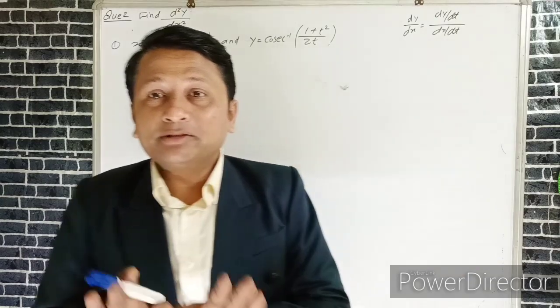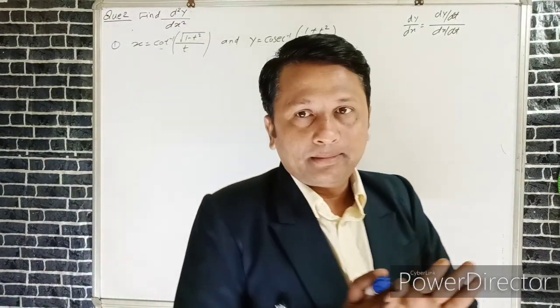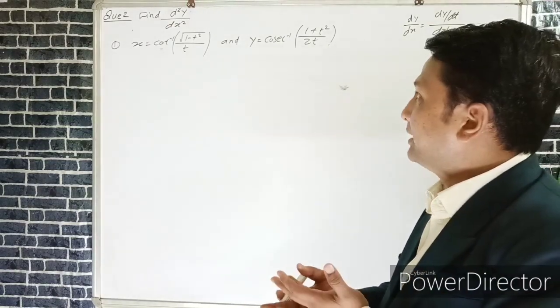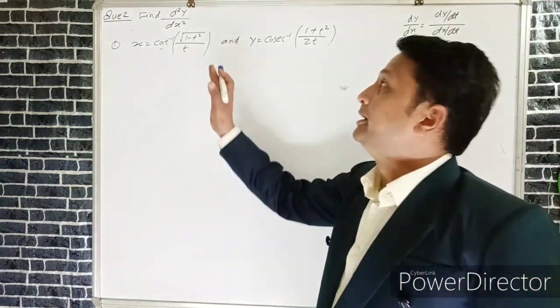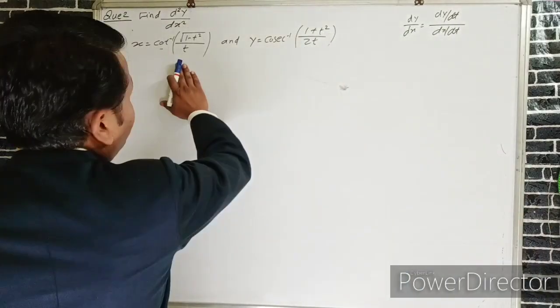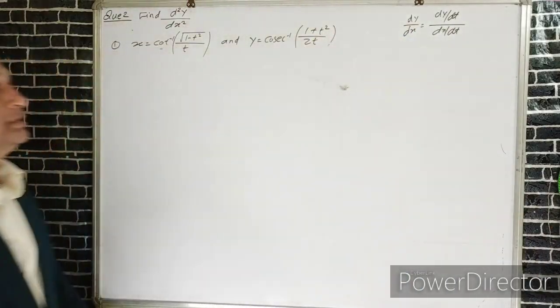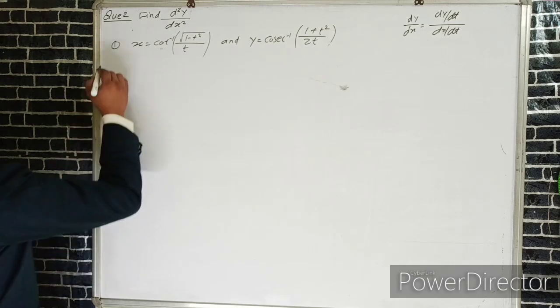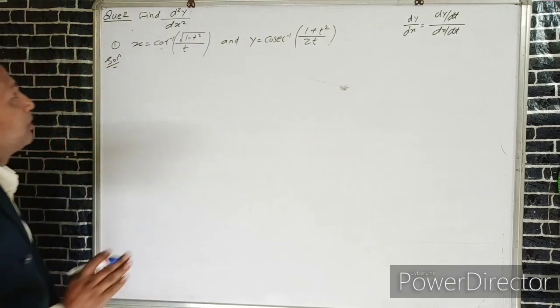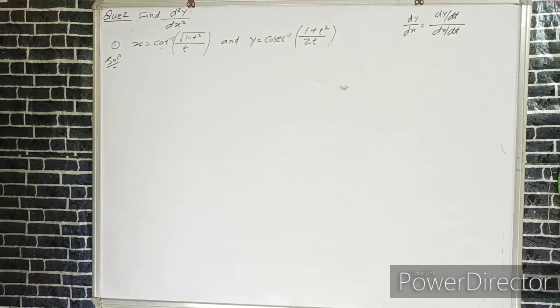It means that first order derivative. And if we again differentiate the first order derivative, which is dy by dx, we can find d2y by dx. So now we start the first order derivative, which is dy by dx. First, we differentiate both x and y with respect to t.